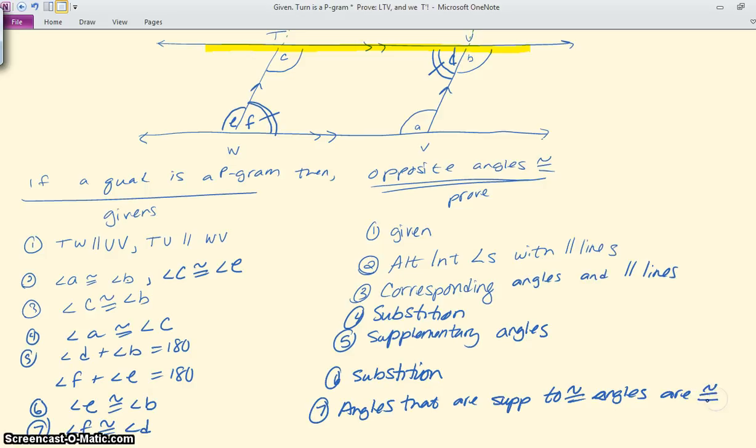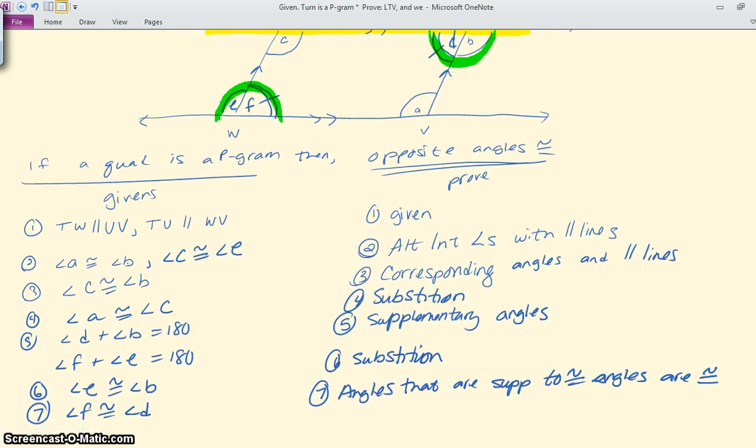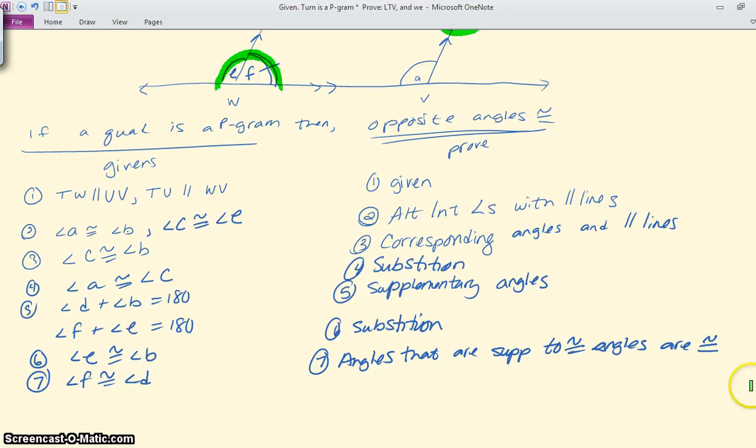Basically, by subtraction, if I take 180 and I subtract a fixed amount, I will get a reliable result. Angles F and D must be congruent because of the subtraction from 180. Opposite angles must be congruent. Thus, it is shown.